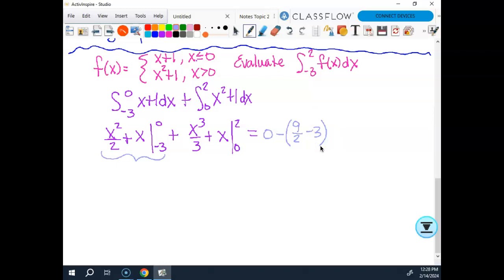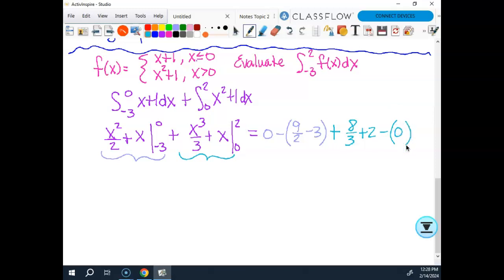Then I'm going to do this part. So then I'm going to add to that, when I substitute in my 2, what's 2 cubed? 8. So I get 8 over 3 plus 2 minus, and then when I substitute in this 0, I'm going to basically get 0 right there.